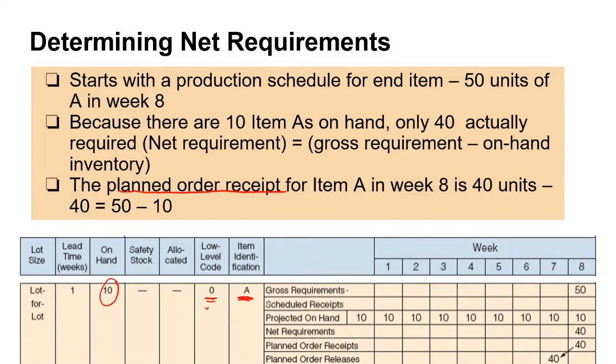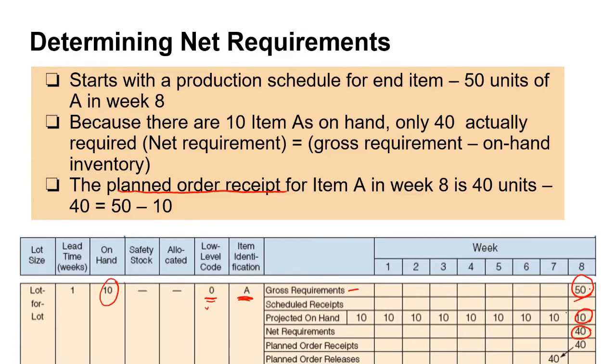If you read here, gross requirements, 50, and we have on hand, projected on hand. Because it's only 10, we just put in 10 in the whole column here. So 50, and we already have 10. So the net is 40.